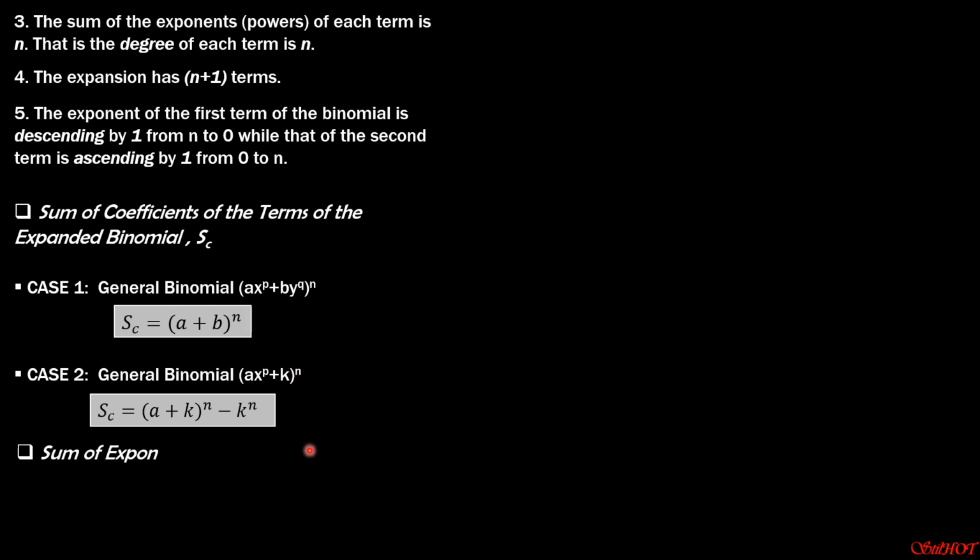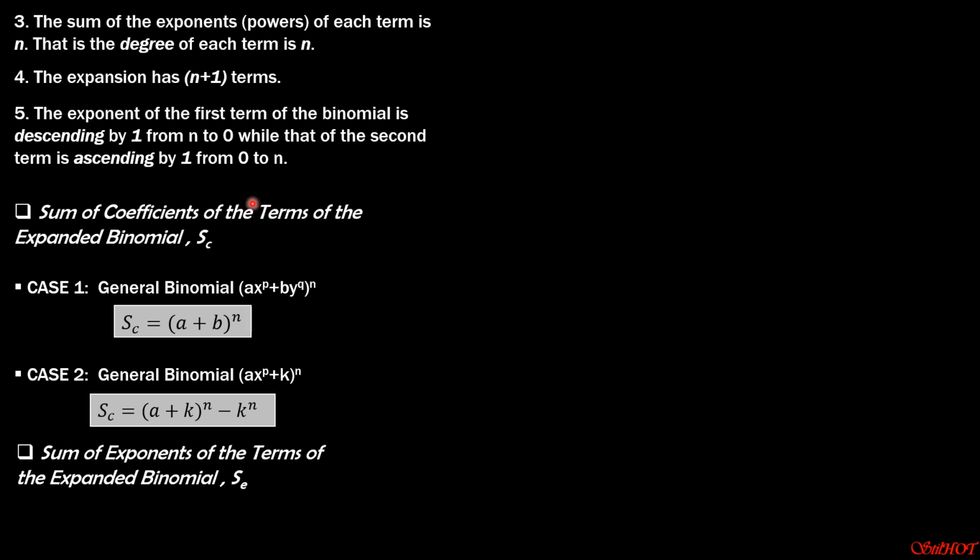So next is the sum of exponents of the terms of the expanded binomial, S sub e. For the situation (x + y) raised to n, because of these observations, take note the sum of the exponents, the powers of each term, is n. Each term has a degree of n, as mentioned.